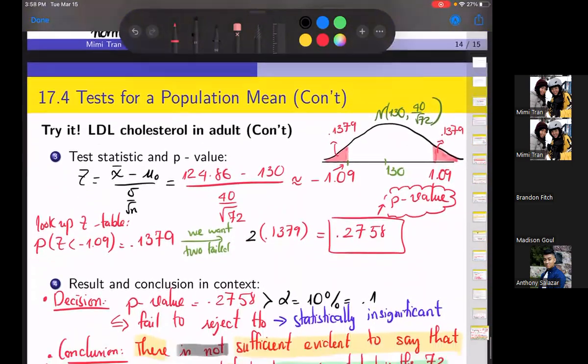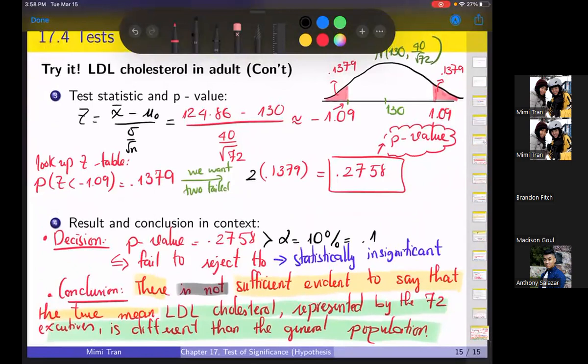Oh, one more time. I want to check if my result is correct. X bar is 124.86. Mu is 130.